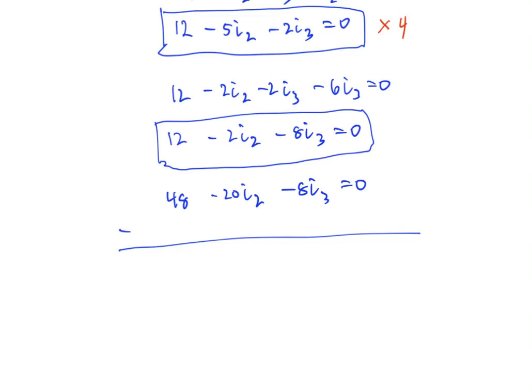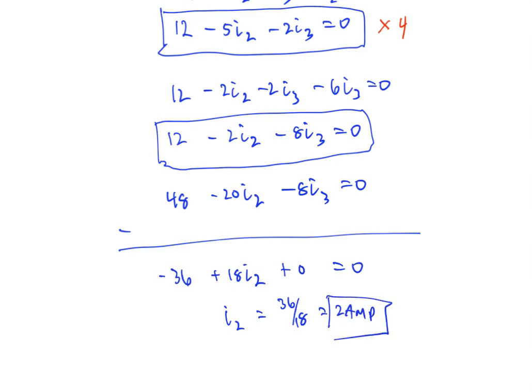So 12 minus 48 gives me negative 36, plus 18I2 plus 0 equals 0. Which then gives me that I2 is 36 over 18, which is 2 amps, which is what I had expected to get, so that's good. So that means I2 is 2.